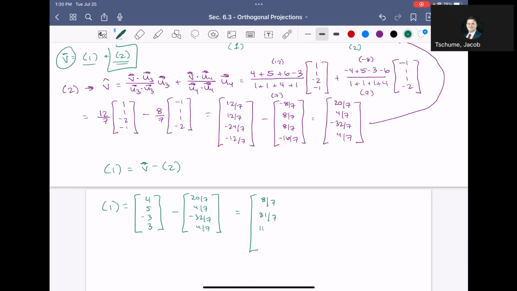So that should be 11/7. All right. And finally, 3 minus 4/7 would be 17/7. I'm going to double check myself because I was doing this in my head. I have my calculator out over here, so let me double check some of these real quick. You can pause the video at this point or check them yourselves.